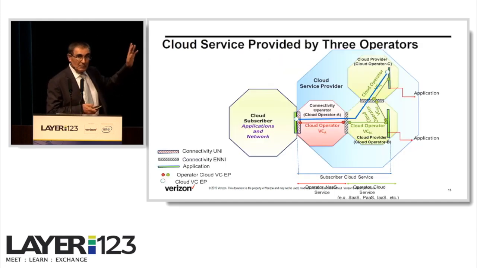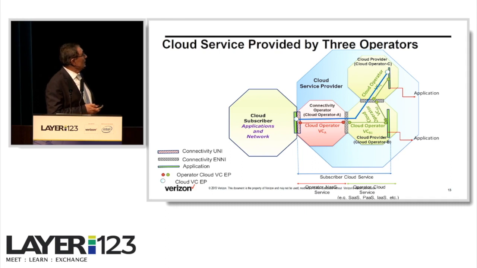This is a little bit complicated of a picture to show you roughly how this is supposed to work. If you look at the right side, within that hexagon, you have two cloud operators where you have two applications or two VNFs that are service chained.